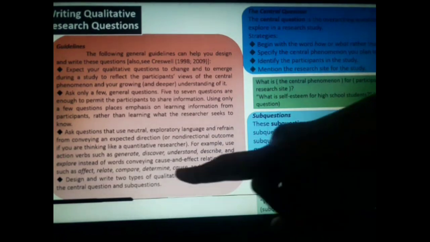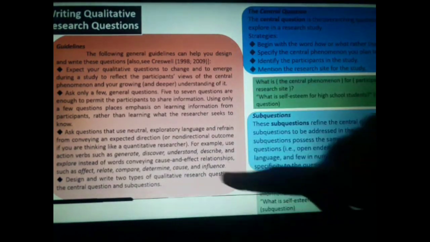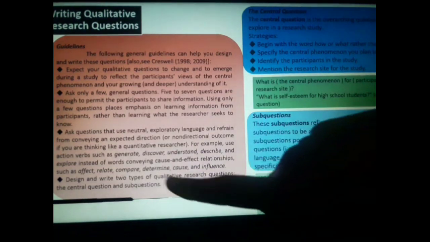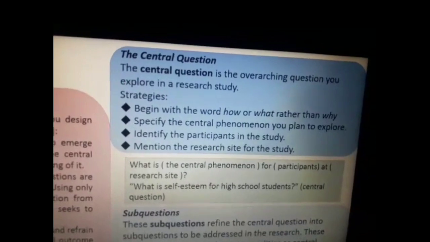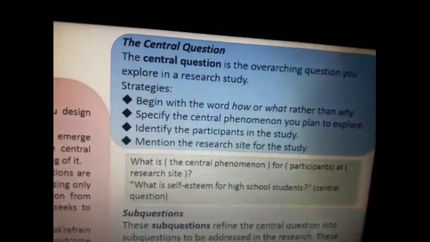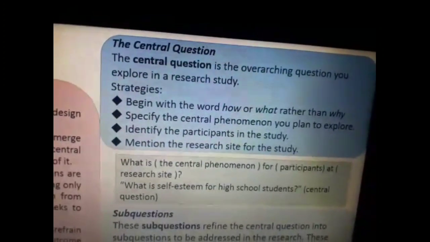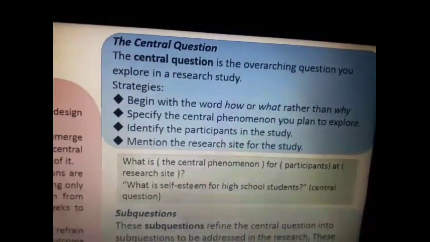Then the last is design and write two types of qualitative research question: the central question and sub-question. First, the central question. This is the overarching question for exploring a research study.